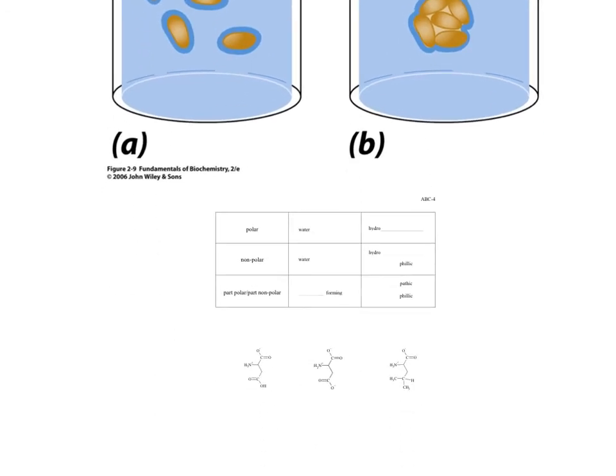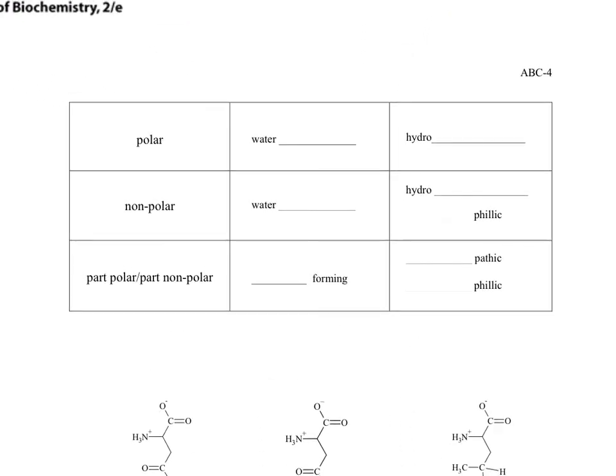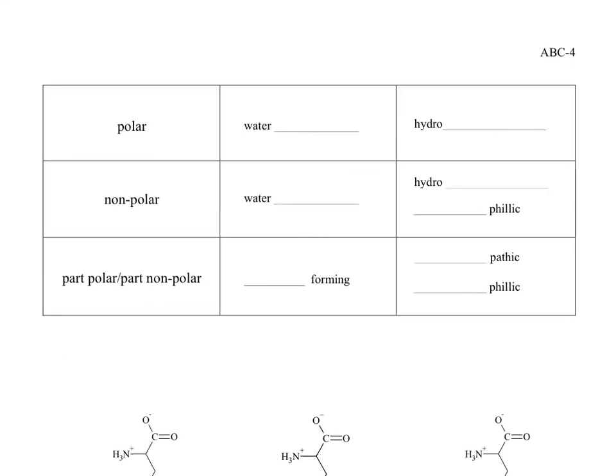Okay, so let's move on to our actual notes here. The next page, we have some terminology that I want to go over. Again, most of this is review, so bear with me if this is something that is obvious to you. When we want to identify polar molecules, we're interested in those that we consider to be hydrophilic, or water-loving, and those tend to be water-soluble because they have a positive interaction through hydrogen bonding with water.